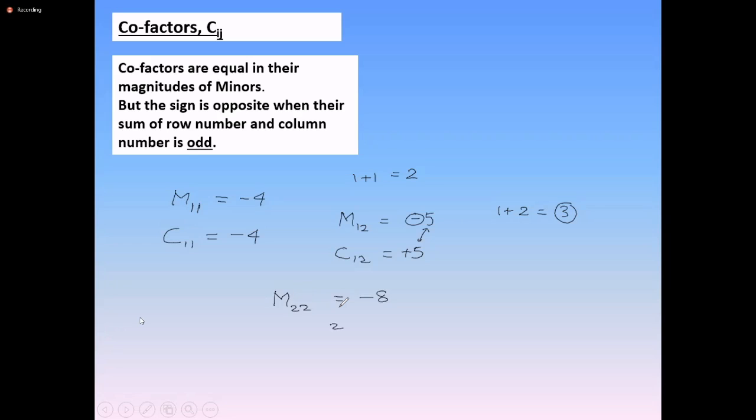So C22 is also equal to minus 8. No change. The minor and the cofactor are equal when the row number and the column number are added to make an even number. If it is an odd number, then only the sign changes.